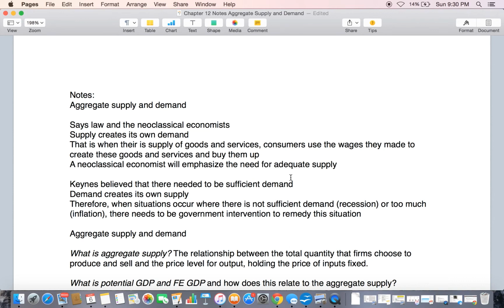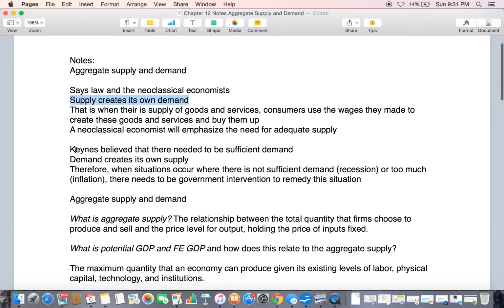We're trying to see if we're in a recession or if we have inflation, is it possible that we can get out of these situations on our own? Will, as Say's law predicts, as the neoclassical economists believe, the issues right themselves? Will we come out of this recession on our own, or will inflation be curbed on its own because supply creates its own demand? Or, as Keynes predicts, will we need the government to intervene?